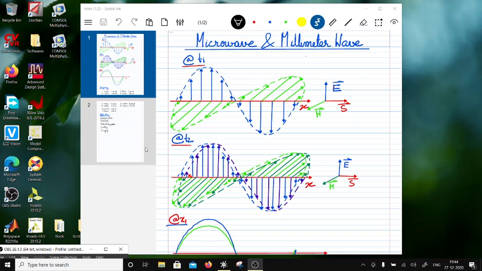Now, first things first, in microwave and millimeter wave, we are talking about some form of wireless communication or a radar application where the medium is free space, right? So there we are talking about propagation in the medium. We are also talking about propagation inside the circuits along certain lines or transmission lines.